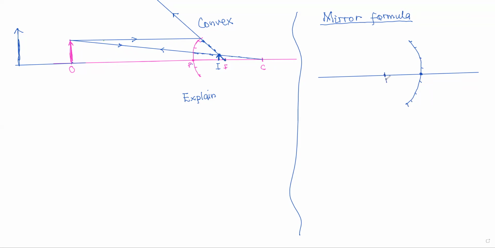So I'll take you through the mirror formula briefly. Practically, mirrors have small aperture. So let's even reduce the aperture and then rule a vertical line behind it.